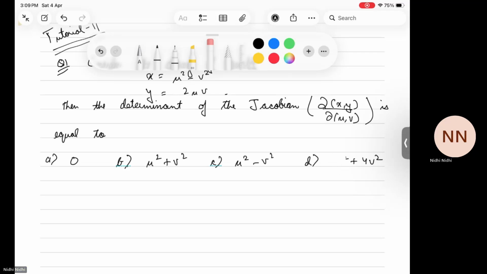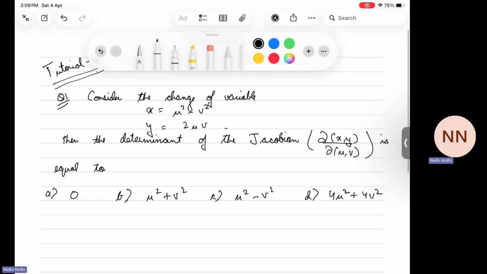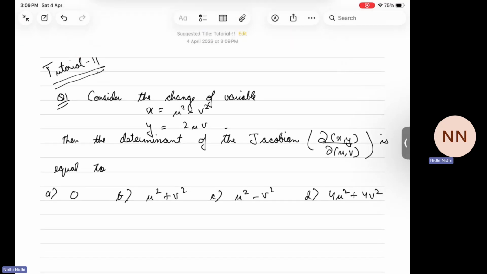So let's just recall how we calculate this Jacobian.